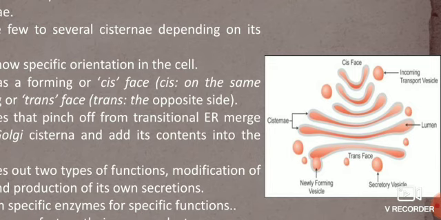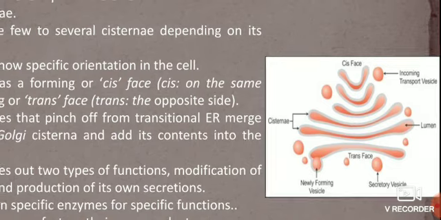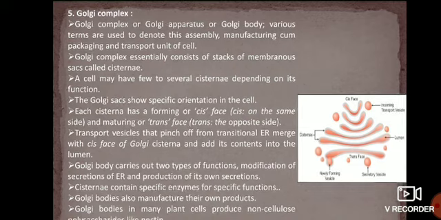There again they are packed into vesicles and finally sent to the target wherever they are required. Whatever vesicles carry the content, maybe protein in the form of an enzyme, they reach the target because there is a stamp given on them, something like a stamp embedded on the vesicles so that they reach only the particular site wherever they are required. I hope this part is clear to you all.